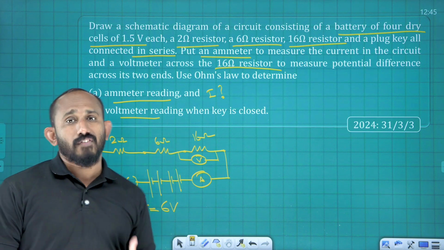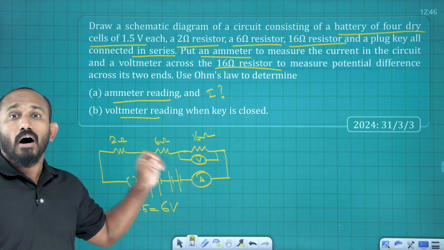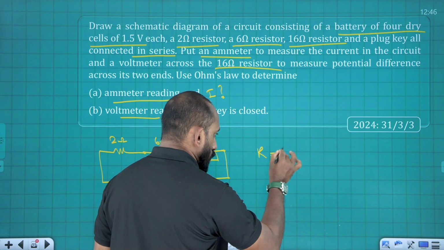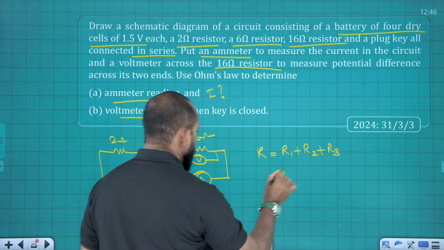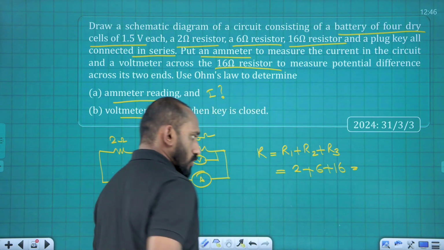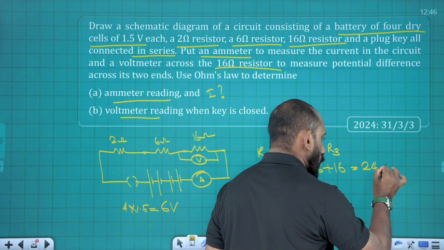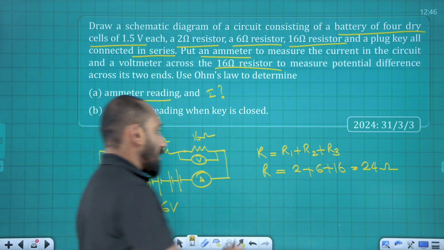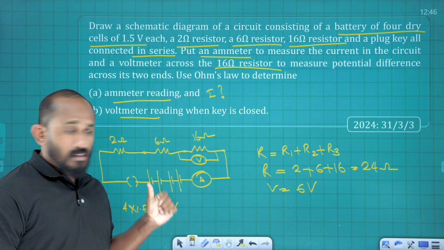So let's find I first of all, the ammeter reading. Here 2 ohm, 6 ohm and 16 ohm are in series. So total resistance R is equal to R1 plus R2 plus R3. That is 2 plus 6 plus 16, which is 16 plus 6, that is 22, plus 2, 24 ohm. That is R. Now voltage is given: 1.5 times 4, that is 6 volt.